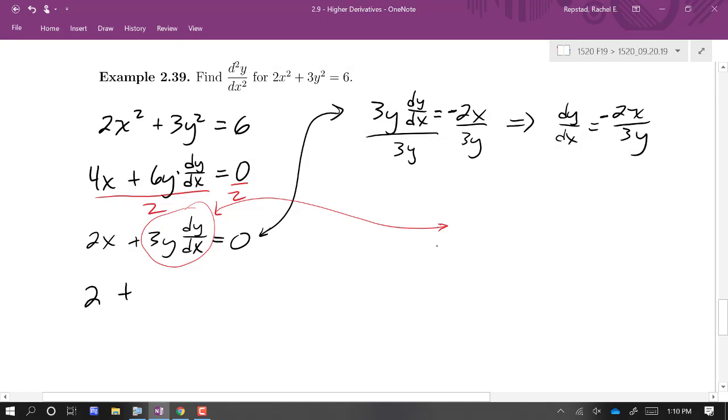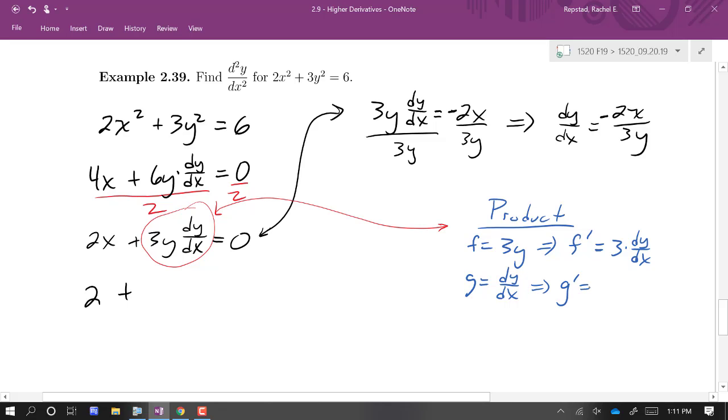So f is equal to 3y. Then what is f prime? 3. Close. 3 dy/dx, yeah. Now, if g is equal to dy/dx, what is g prime?